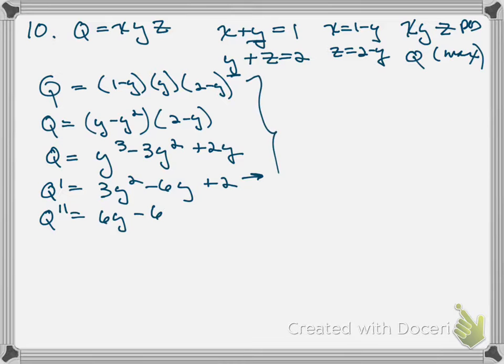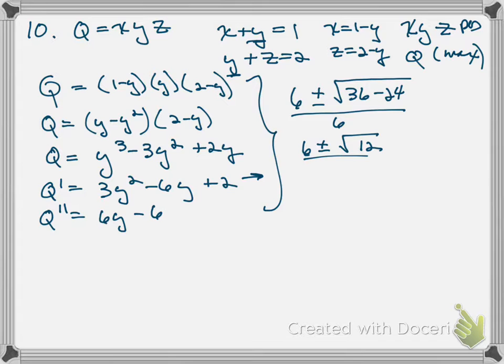So I end up getting 6 plus and minus the square root of 36 minus 24 all over 6. So that was 6 plus and minus the square root of 12 over 6, which is 6 plus and minus 2 root 3 over 6, which gives me, for y, if I simplify this a little bit, 1 plus and minus root 3 over 3.